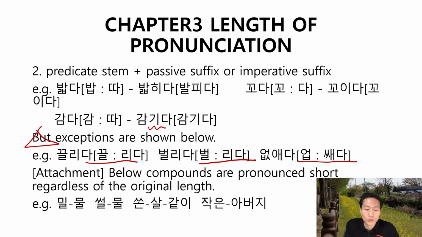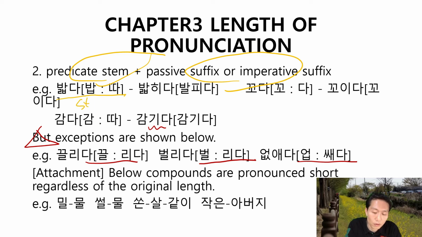Okay, number 2. When a predicate stem plus a passive suffix or imperative suffix are combined, it doesn't have a long pronunciation. For example, 밟다, what does it mean? Yeah, step on. 히 is, in this case, a passive suffix.